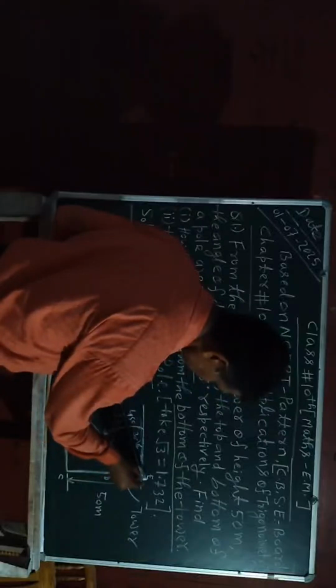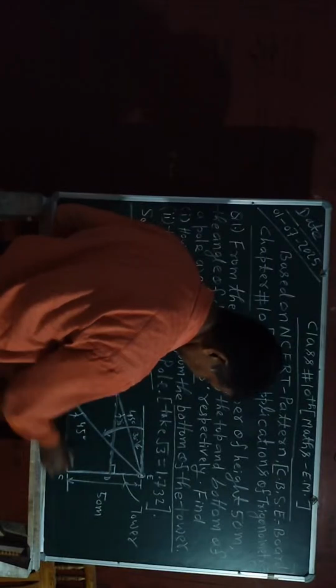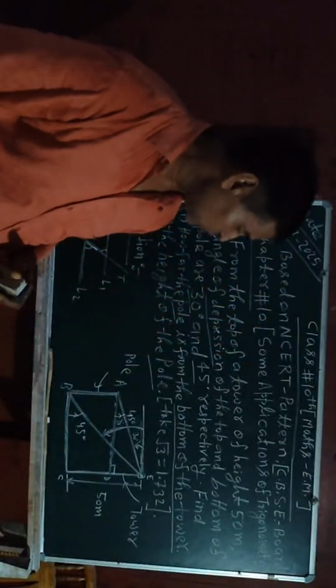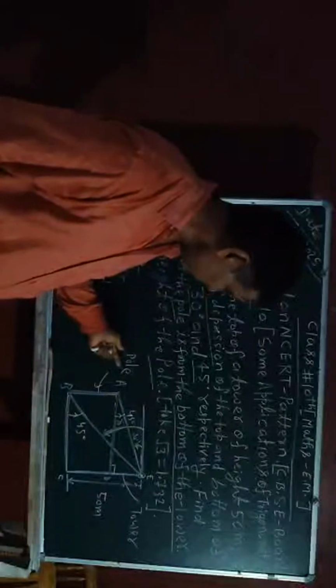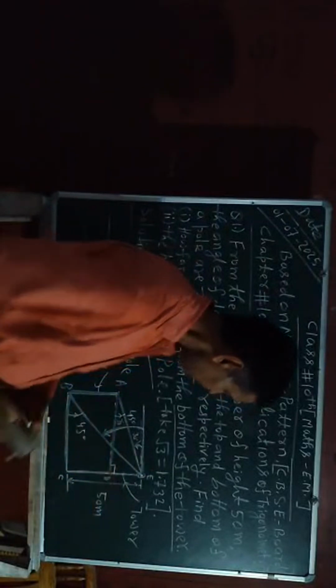So I will consider one triangle ADE and the other triangle BCE because these two triangles are right angle triangles. I will use trigonometric ratio for getting the value of AB and also of BC. Length of AB is the pole length, and the length of CE is the tower height, and the tower height is already given here, 50 meter.